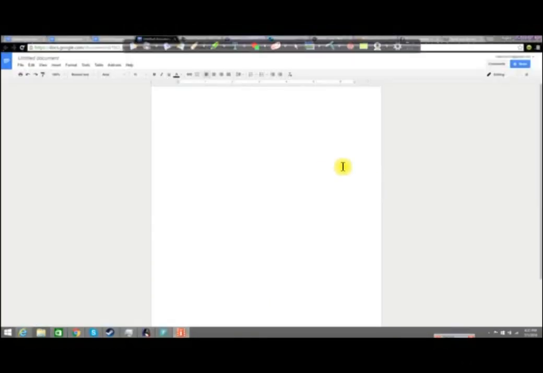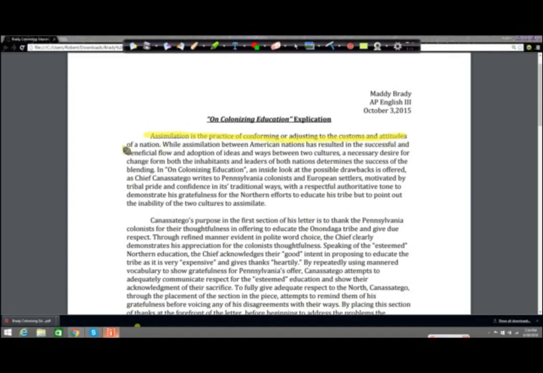Now that we're done with our explicating paragraphs, we're going to move on to how to write an introduction for your explication. They have a broad opening statement. Then they have a sentence that offers a transition from a general statement to their specific idea, which is the kappa sentence. So right now the yellow is their intro. The blue is the transition.